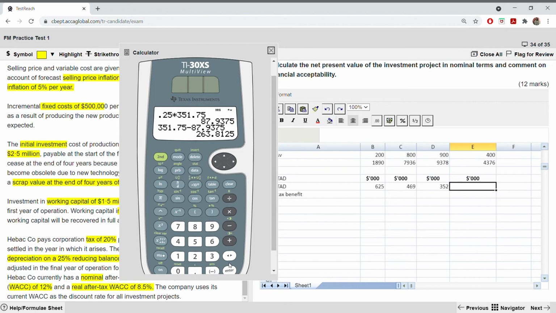Or there is a way of doing this. Okay, much easier way. The fourth year, whenever you come to the last year, just take what is the cost, initial cost, 2500. From there, just minus all the 3 years tax allowable depreciation, because anyway the total of your tax allowable depreciation should be equal to your initial investment, which is 2.5 million. 2500 minus 625 minus 469 minus 352, enter. It is 1054.